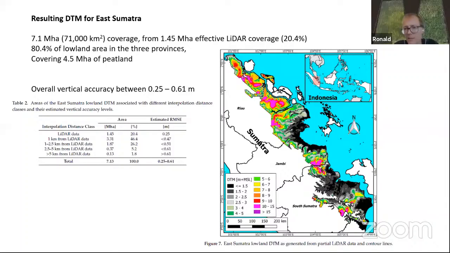It covers about 80% of the lowland area in Riau, Jambi, and South Sumatra, and it covers 4.5 million hectares of peatland. The accuracy of this DTM ranges between 25 centimeters, which is where we have actual LIDAR data, up till 61 centimeters, and that depends a little bit on the distance from the actual LIDAR strip.